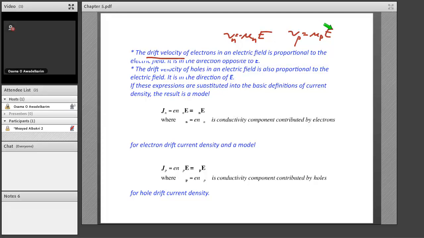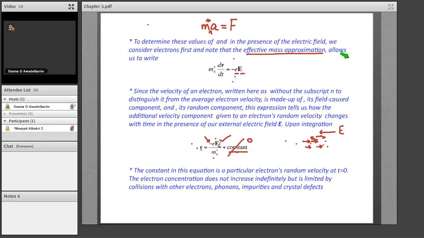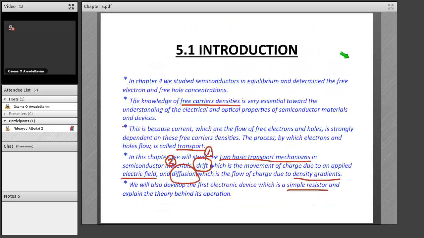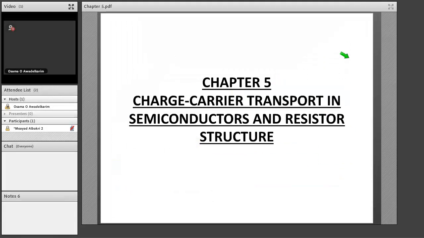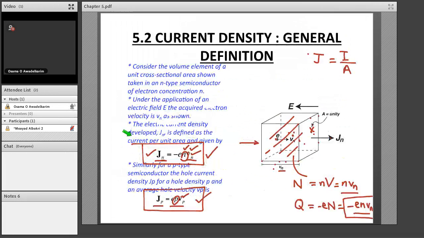Okay, so the mobility is a very important factor, and now we know what the mobility is. Mobility is e times tau divided by m star, and it is true for both electrons and holes. So now if we have this expression, we will go back to these equations here.